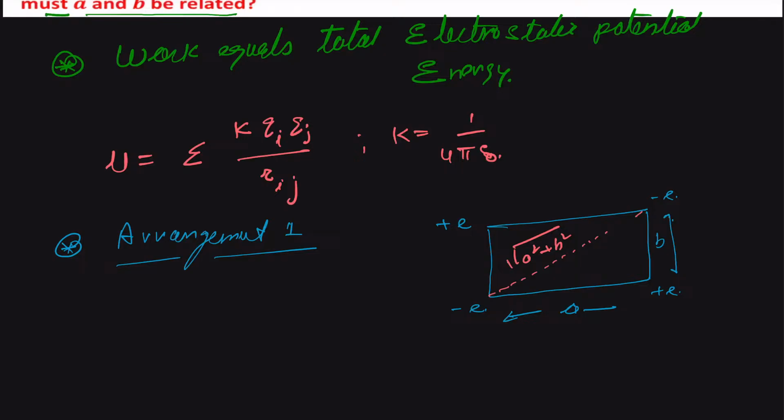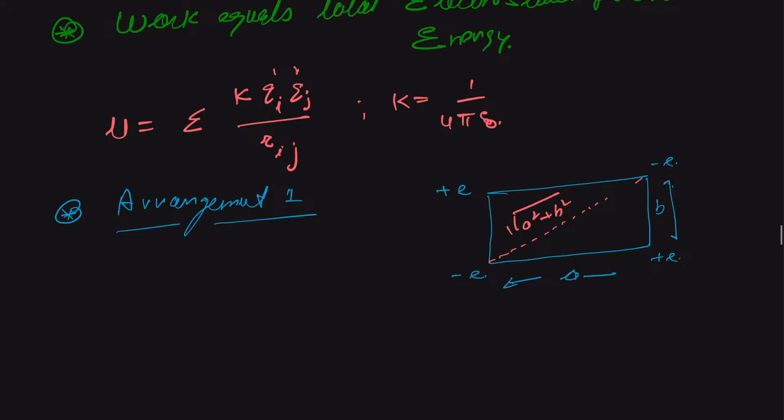Now let's find out, because the potential energy is nothing but the combination of the charges. Always there will be 2 charges for the potential energy. So let's find out the pair contribution. For arrangement 1, we can write it like this: plus E, minus E, minus E and plus E. This is our arrangement number 1.